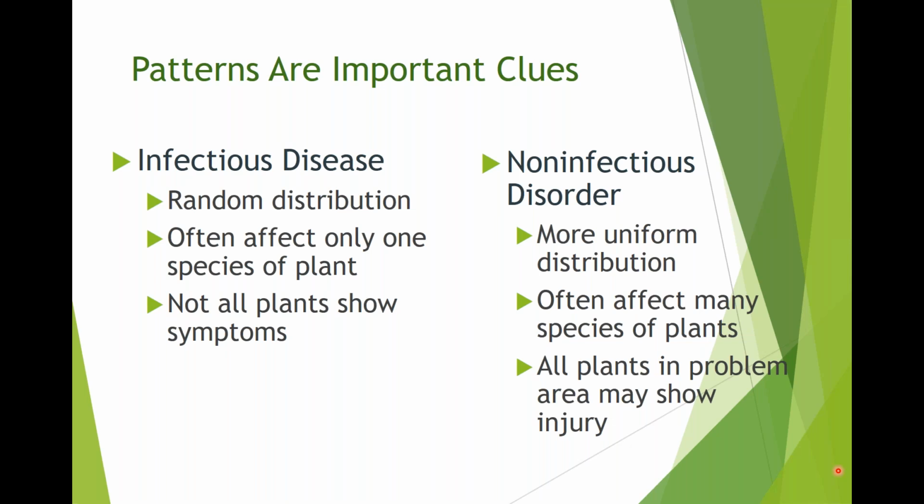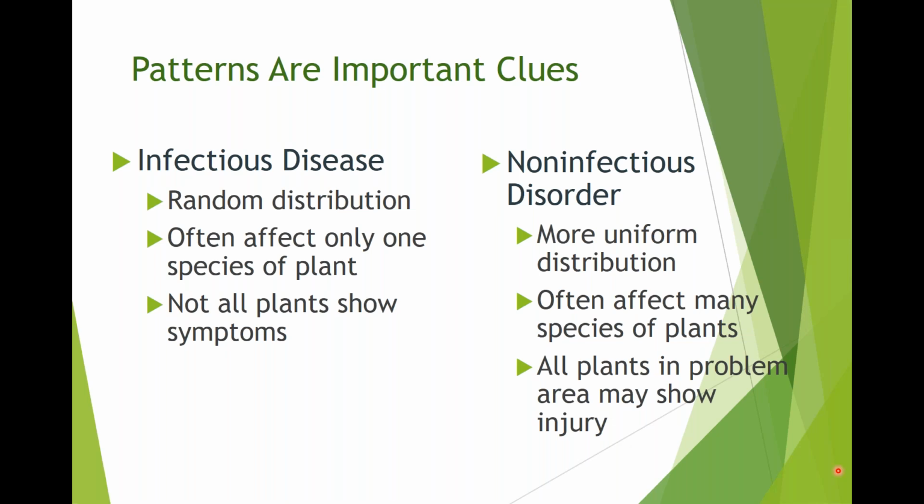This is different than most non-infectious disorders like nutritional problems or environmental stress. In those cases, the symptoms are more uniform in distribution in the greenhouse or through a crop. Often more than one species of plant can be affected. If you think about something like a temperature problem, if there's a heater failure in a greenhouse, anything would be affected by that.